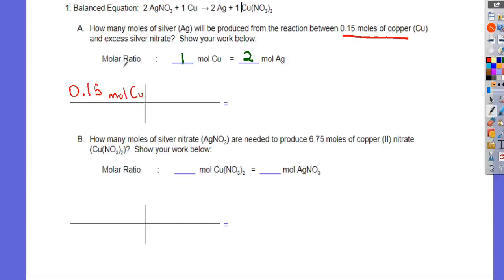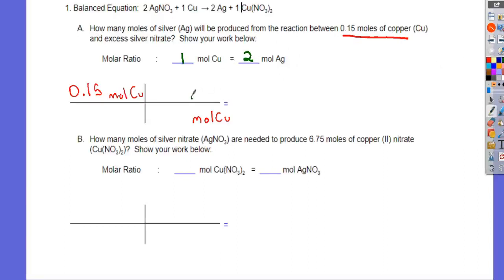Because I have mole of Cu here, without thinking about my equivalency statement or my question, I want to get rid of moles of Cu. When I look at my equivalency statement, moles of Cu are equal to moles of Ag.